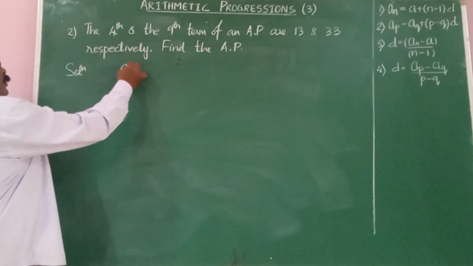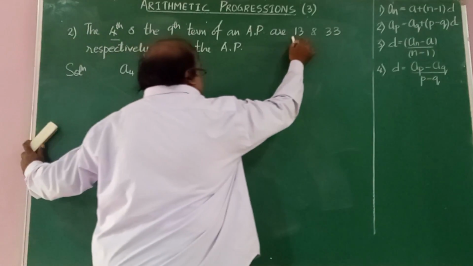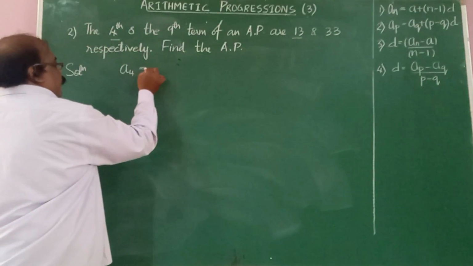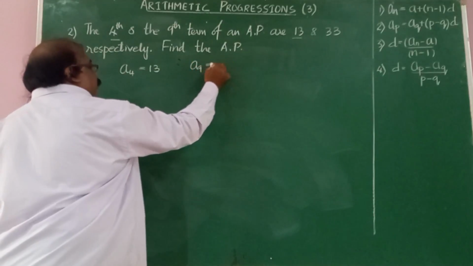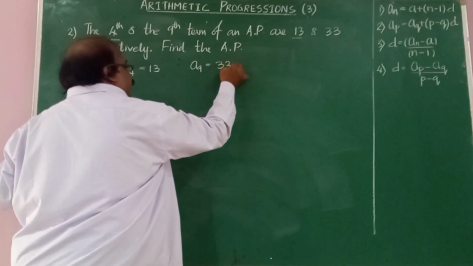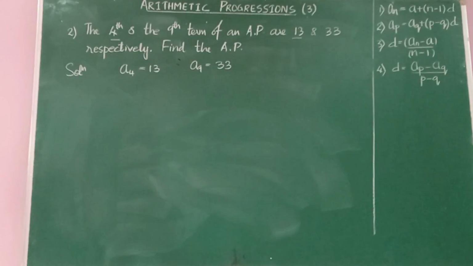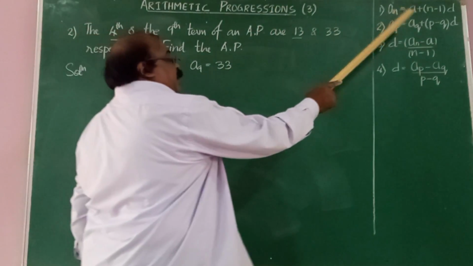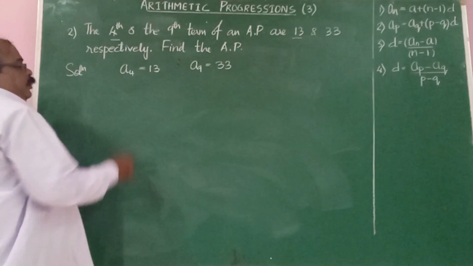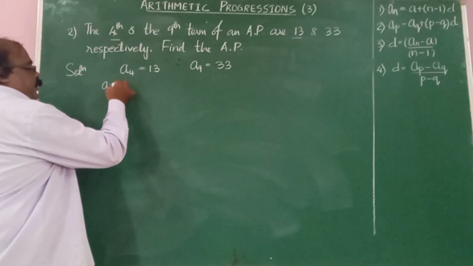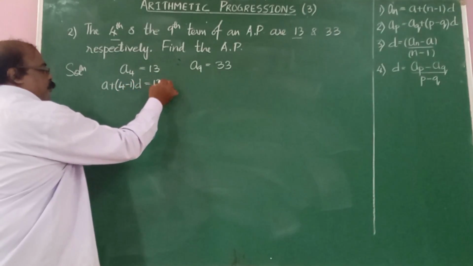First step, I know that a4 is 13 and a9 is 33. I am using the first formula. What is an equal to? a plus of n minus 1 into d. What is a4? a4 is equal to a plus of 4 minus 1 into d.